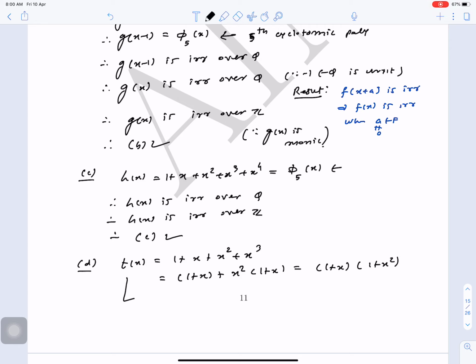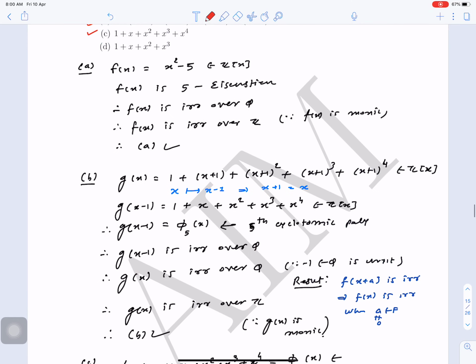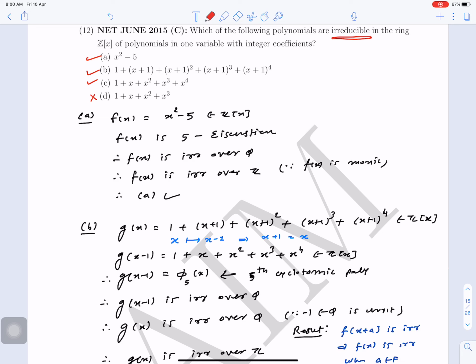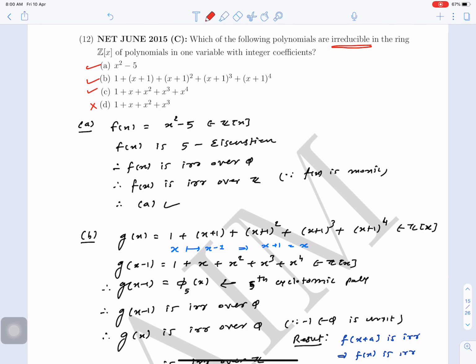So it is reducible over Z. Therefore option D is wrong. So the correct options are A, B and C.